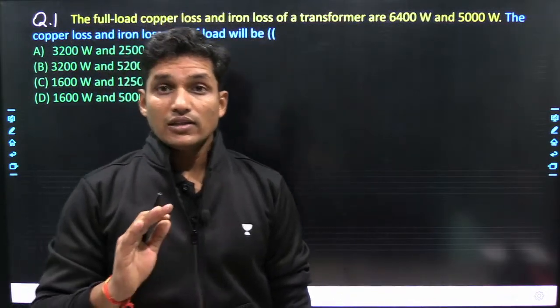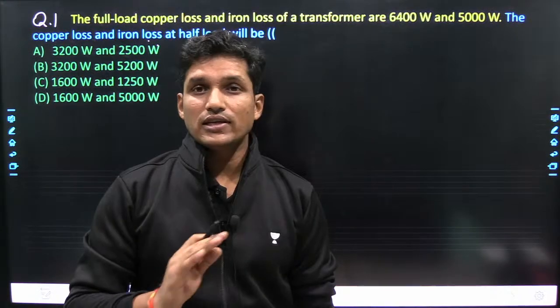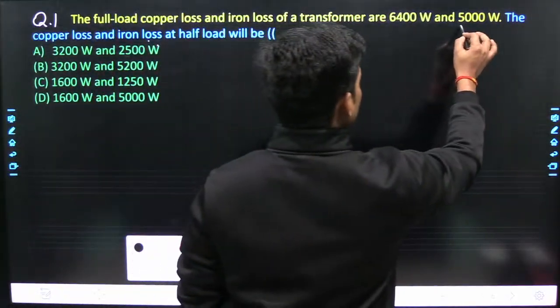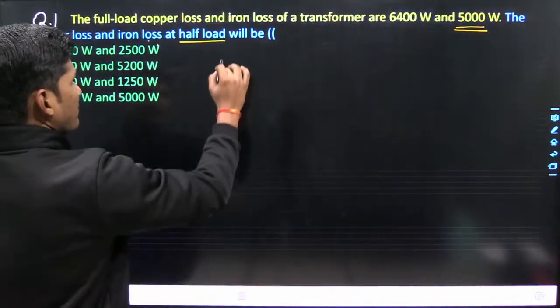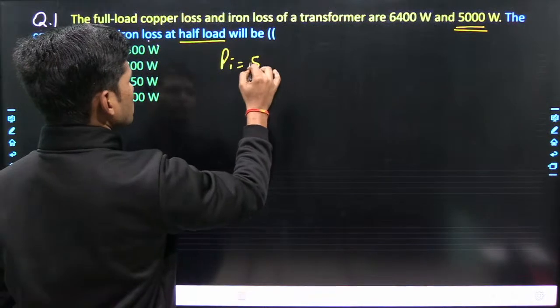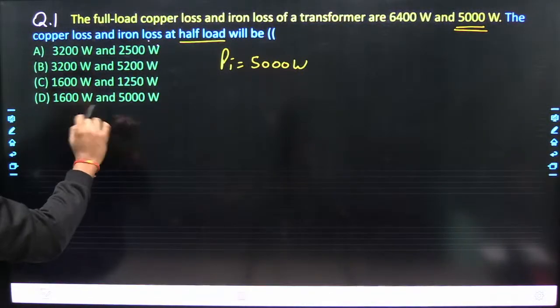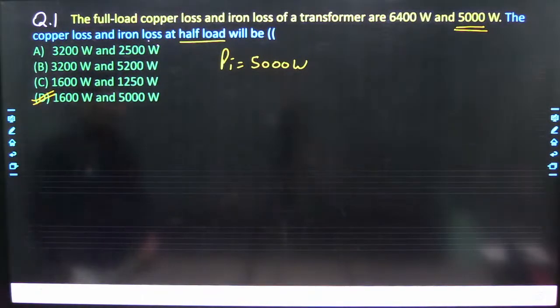That means the copper losses change with the load, whereas the iron loss does not change. That means if the iron loss is given 5000 watt, it remains the same at the half load. That means if Pi equal to 5000 watt, it remains the same. So from this option we can assume that option D is the right one.